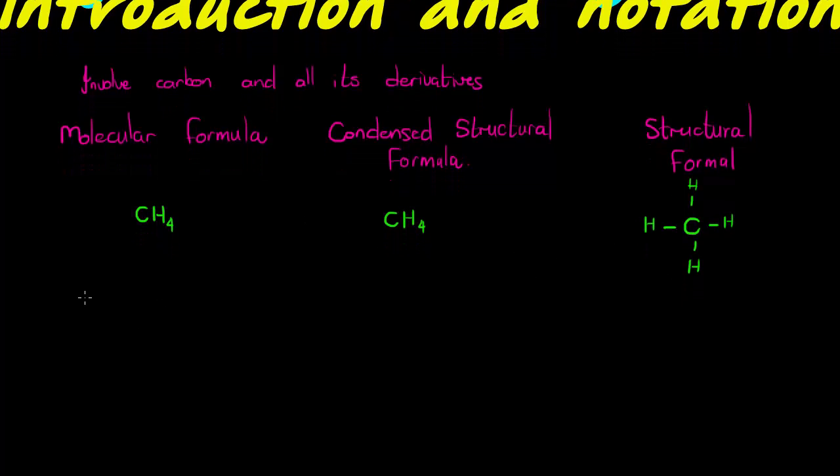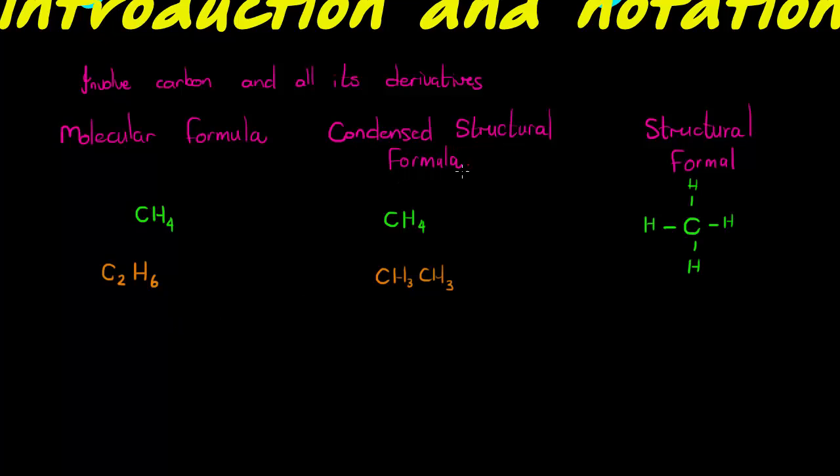Then we can have something slightly more complicated. We can have ethane. This is the molecular formula for ethane. The condensed structural formula for ethane is CH3CH3. Basically, this is saying that there are 2 carbons and 6 hydrogens in the molecular formula.